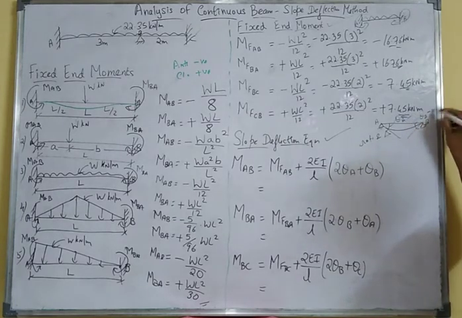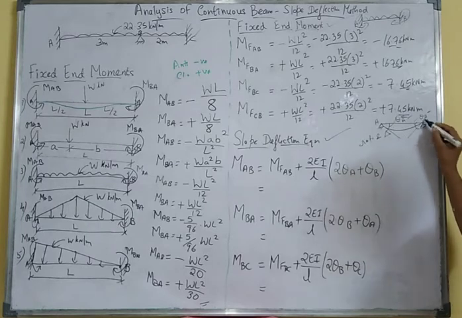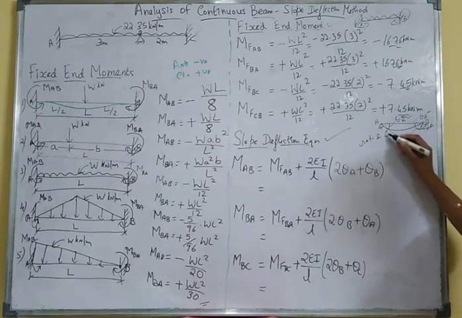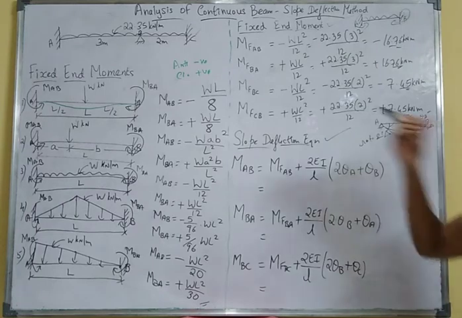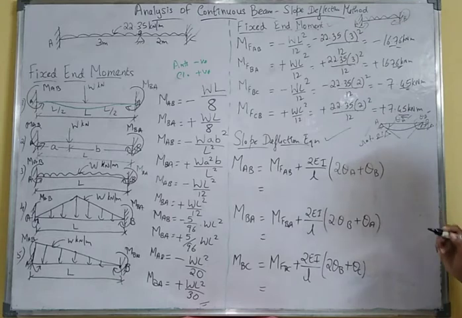Based on this rotation, if there is any sinking in the support, B support will be a little bit below or above the line by delta, and that plus or minus delta you have to consider. Here in our case there is no sinking in the support, so you just have to consider the rotation.